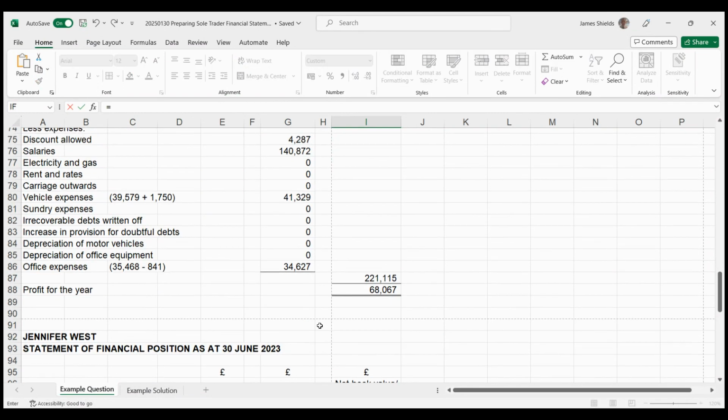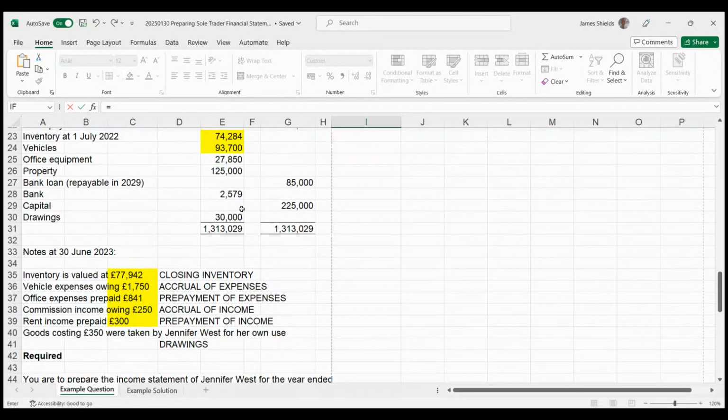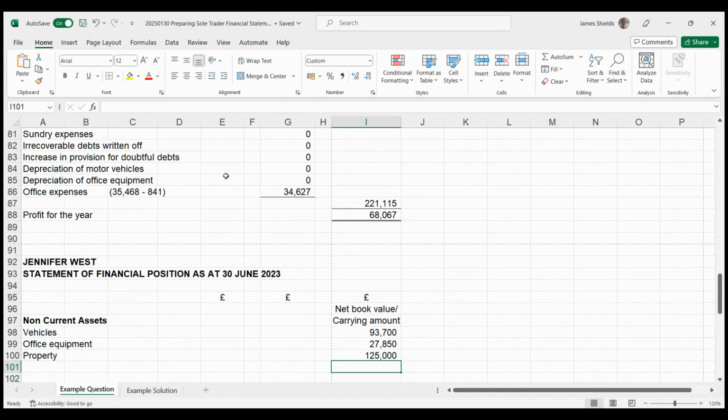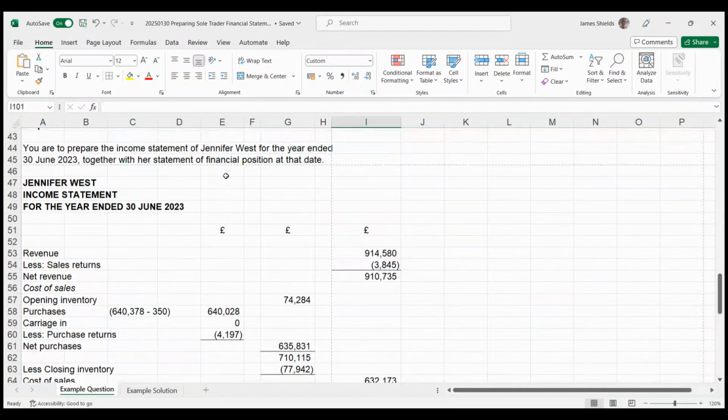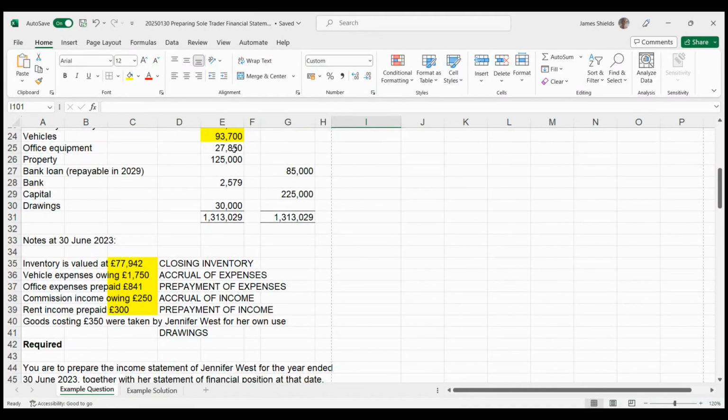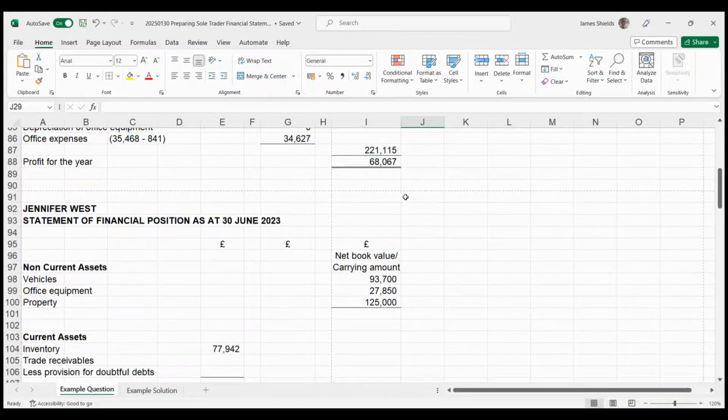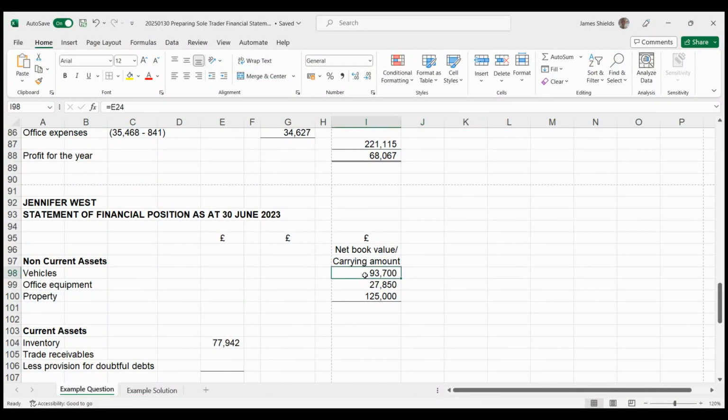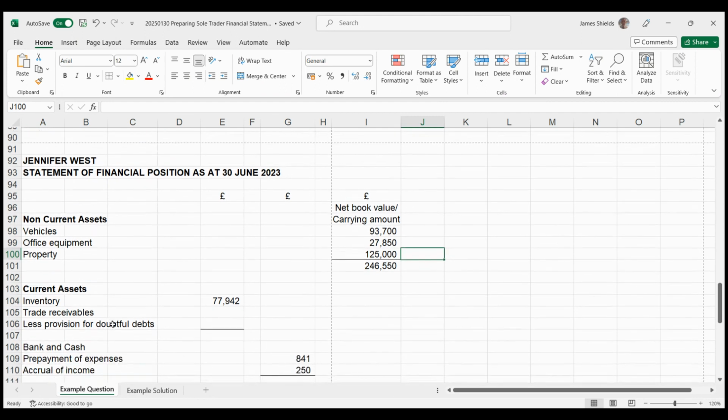And the property figure is going to be £125,000. So let me just highlight those two figures I've just used. Now we can total our carrying amounts or net book values for non-current assets, and it gives us £246,550.